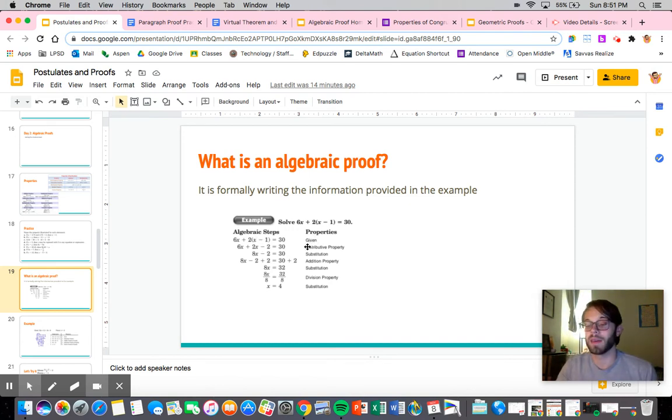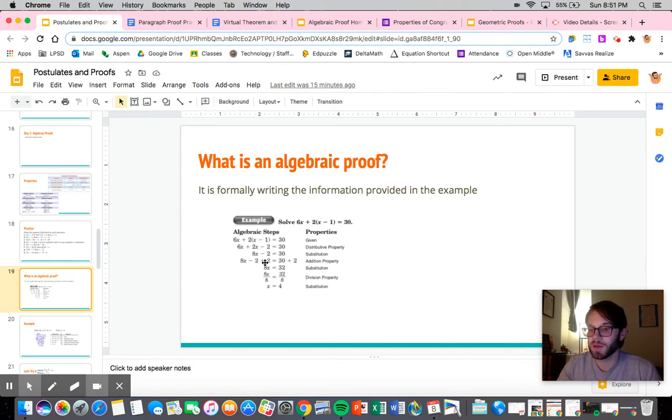Our starting given in this case is the initial equation that you're told. Then when you distribute, you can use the distributive property. Then substitution, we're really combining like terms. You could write combining like terms, they call it substitution in there. Then adding 2 to both sides.